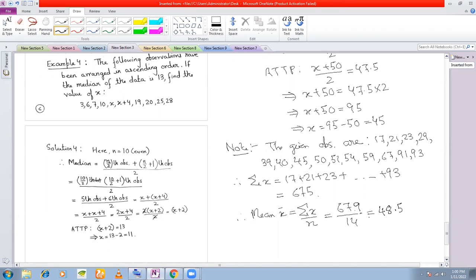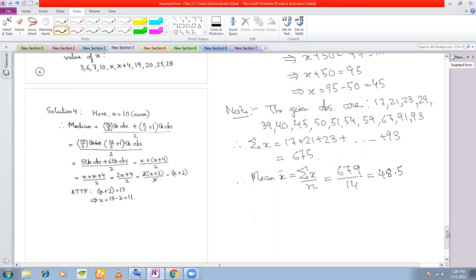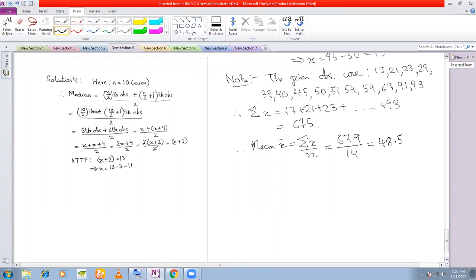I think it will cancel with 7. Okay. 7 9s are 63... 97 by 2 will give 48.5.